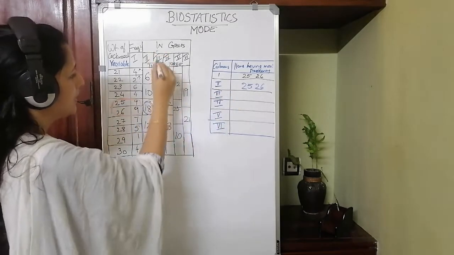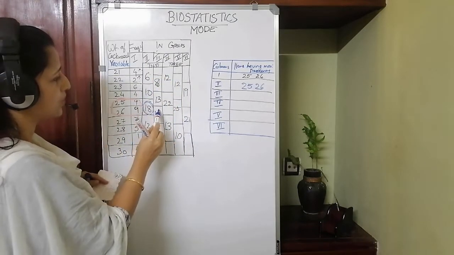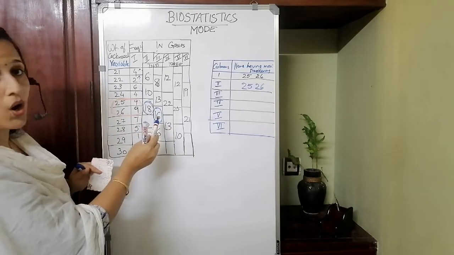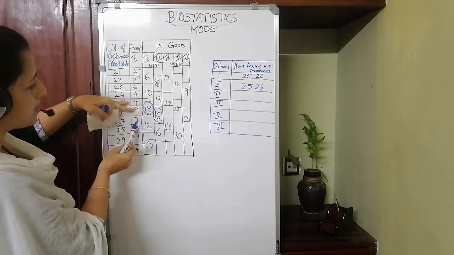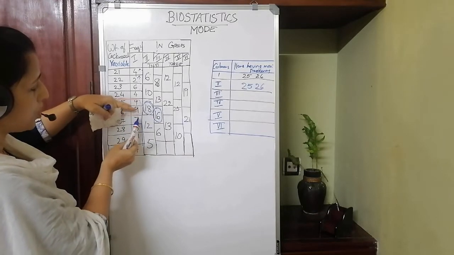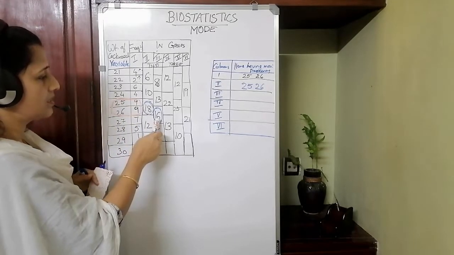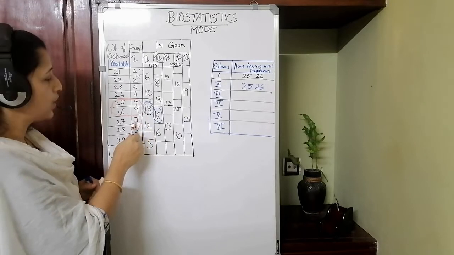Now column 3. In column 3, the highest frequency is 16. We got 16 by adding 9 plus 7.